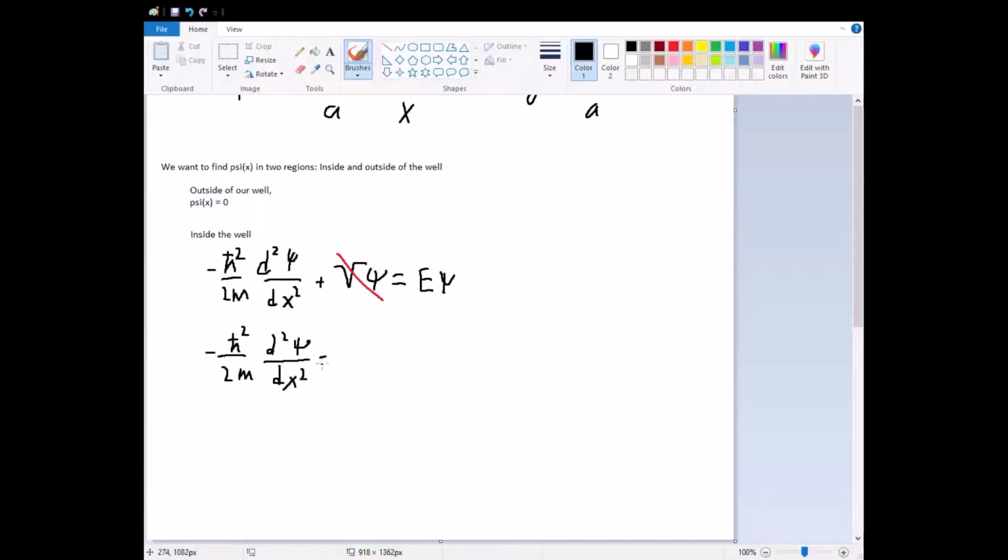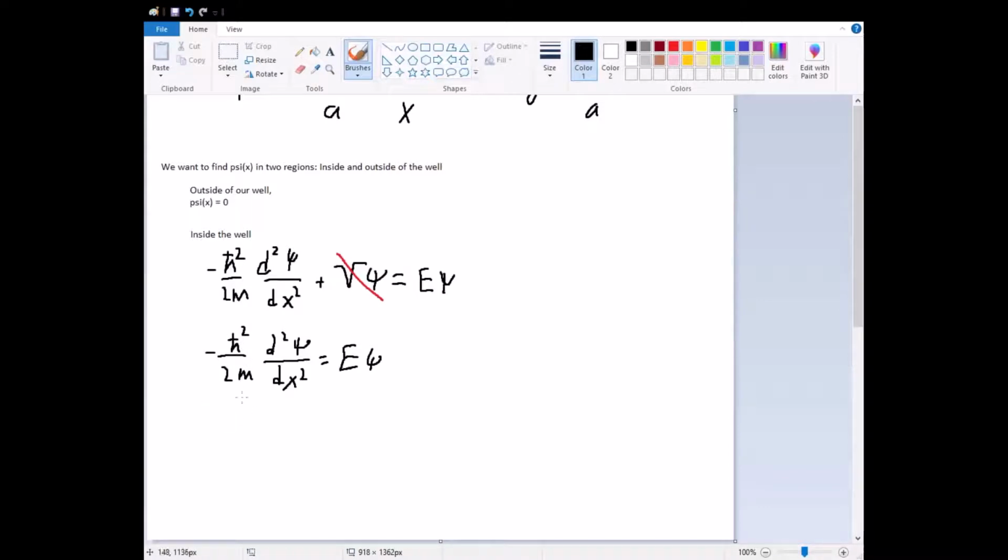And this is equal to the energy, or the separation constant E, times psi. Hopefully, at this point, you already see where this solution is going. But if you don't, that's also okay. Let's just keep going and simplify this a little bit more.